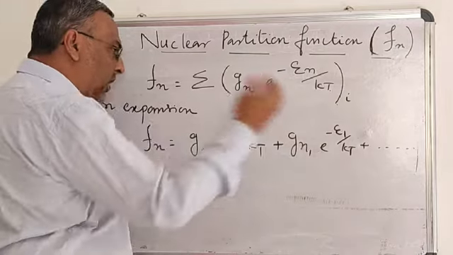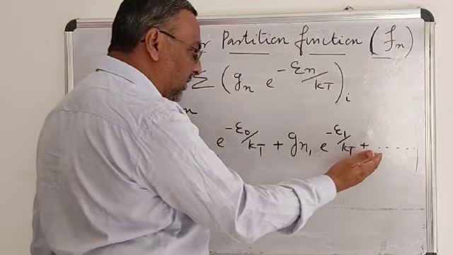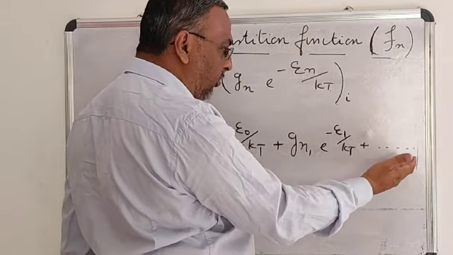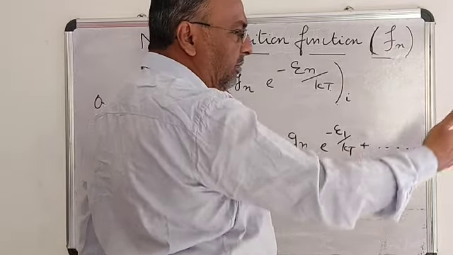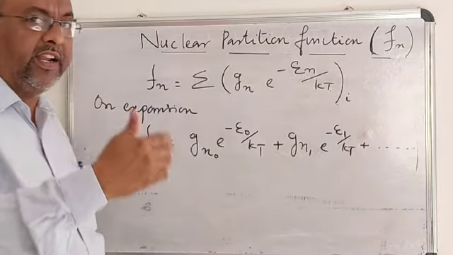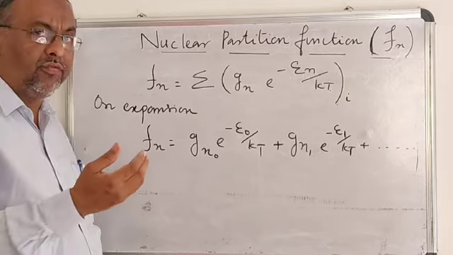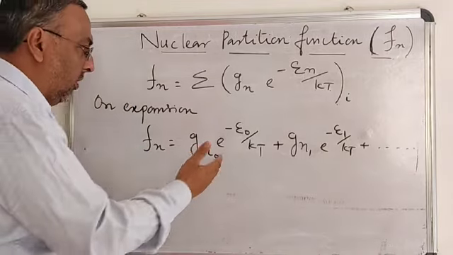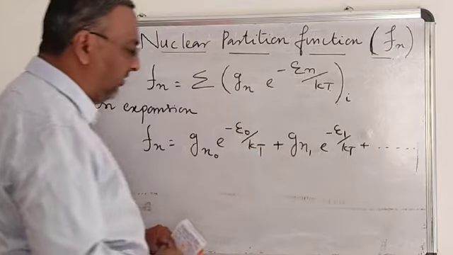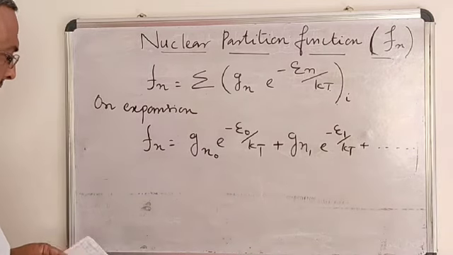I can go on writing it down like this, plus Gn2 e power minus E2 by kT, minus E3 by kT, depending upon the energy levels of the nucleons. We can go on expanding this equation like this.